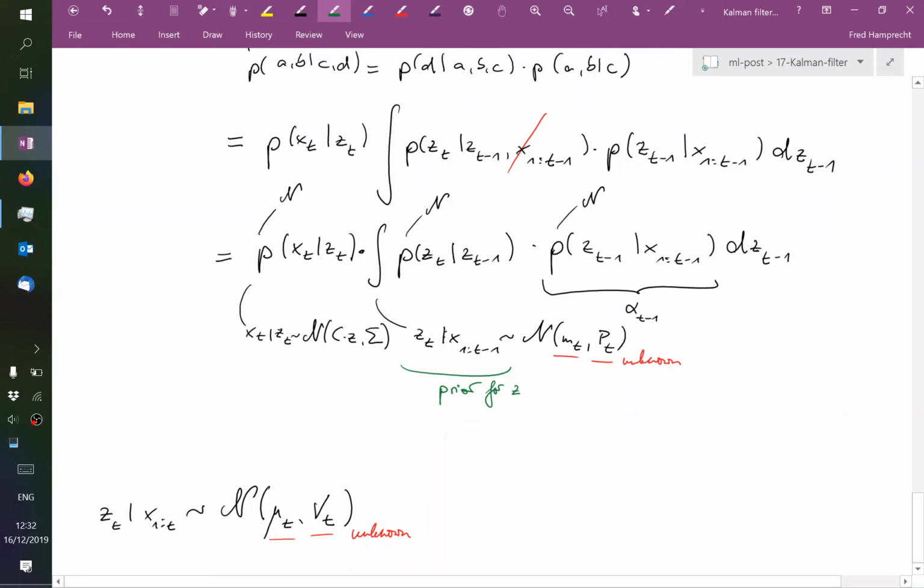So this is the prior for zt given x1 through t-1, given past observations. And this here is the likelihood of our observation x.